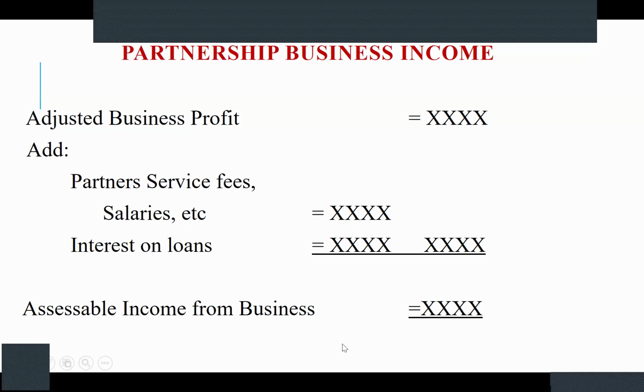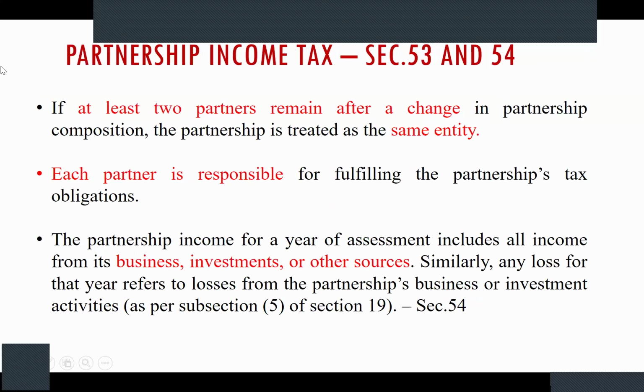So now I think you can clearly understand what I have already explained. Now I am explaining sections 53 and 54. Our Inland Revenue Act is available in 3 languages.